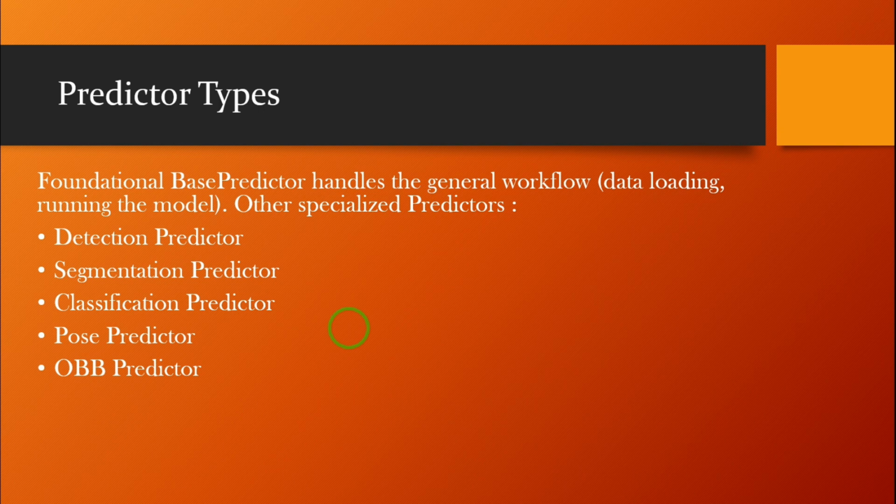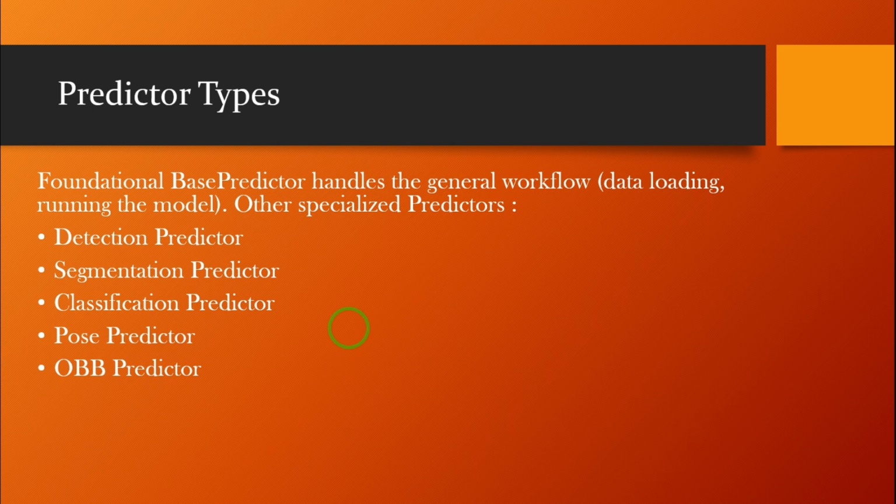The segmentation predictor is for the models that draw the outlines and masks around these objects. Another is the classification predictor for the models that categorize the entire image, like a cat or dog. And the pose predictor for the models that find key points on the object. Another is the OBB predictor to find the oriented bounding box. We'll be talking about these things in chapter 8.